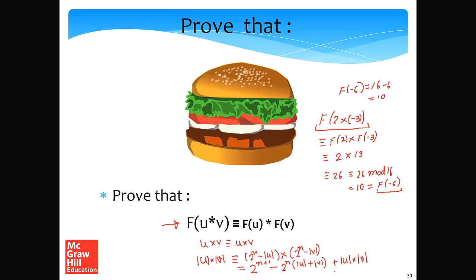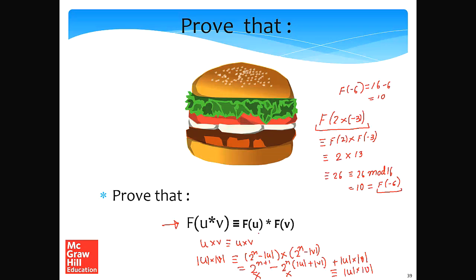Since we take all of these numbers mod 2 to the power n, why do we do that? Because the range of the number system is n bits. More than that we can't represent. So since we take everything mod 2 to the power n, we can cancel out all of these terms. Since this term gets cancelled and this term gets cancelled, what we are left with is mod u multiplied with mod v, and thus LHS is equal to RHS.